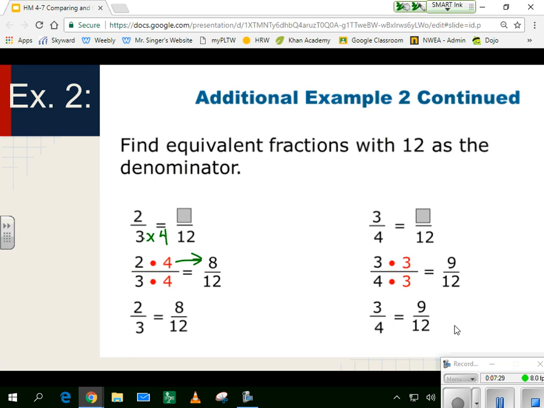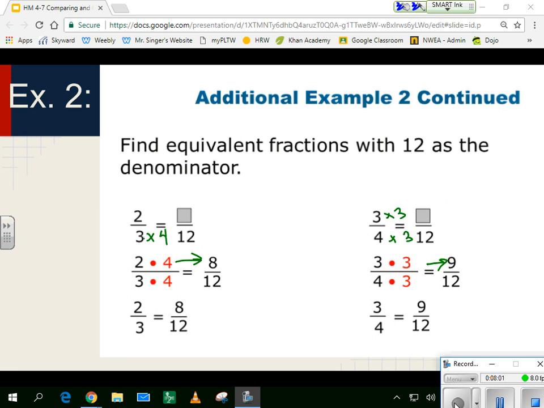Now, to make sure we can look at 2/3 and 3/4 with common denominators, we have to do the same thing with 3/4. 4 times what gives us 12? That would be 3. What we do to the bottom, we do to the top. 3 times 3 is 9. Now we're looking at 8/12 and 9/12, two fractions that have like denominators, common denominators, and now we have like fractions. Does Ray have enough nuts for his recipe?